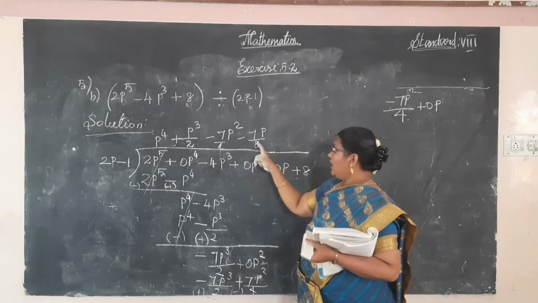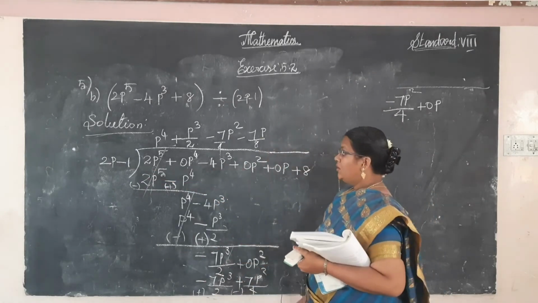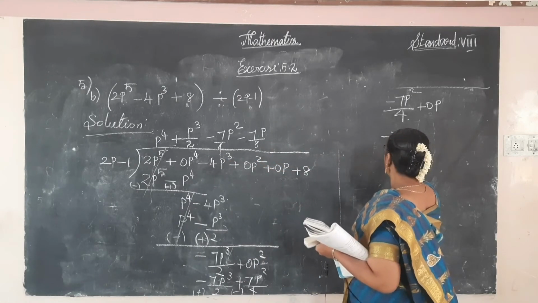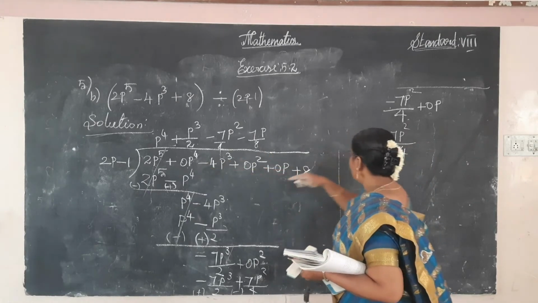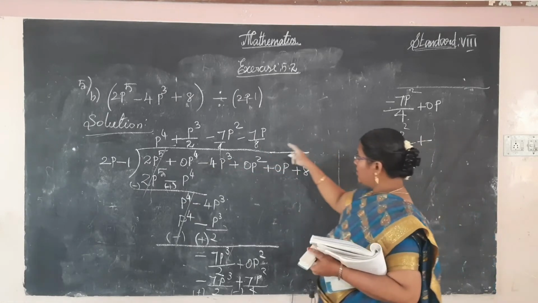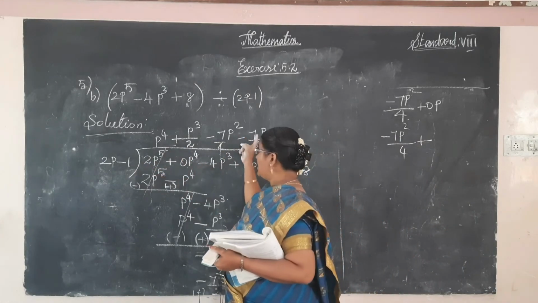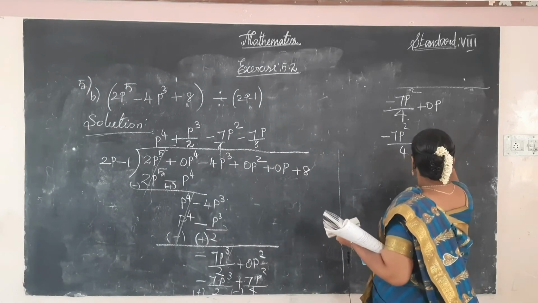Now multiply each term of the quotient by the divisor. Multiply, what we get? Minus 7p squared by 4. And then minus into minus plus. 2 cancels. Minus into minus plus 7 by 8p.